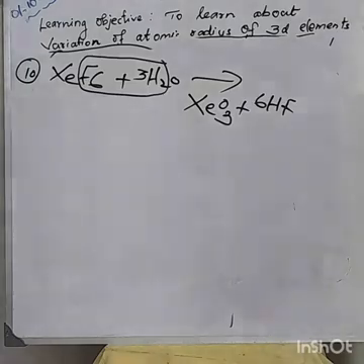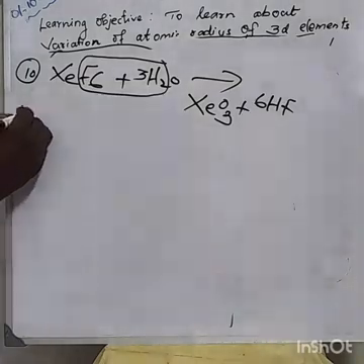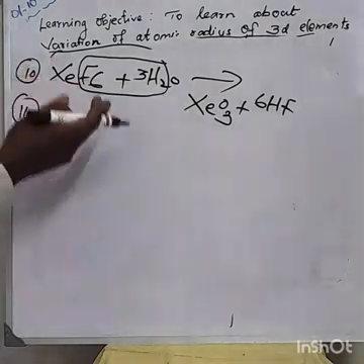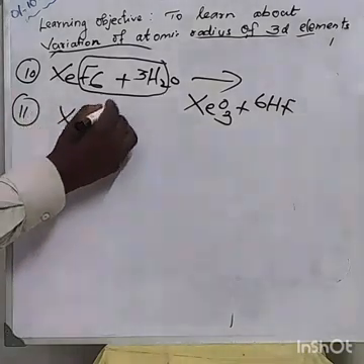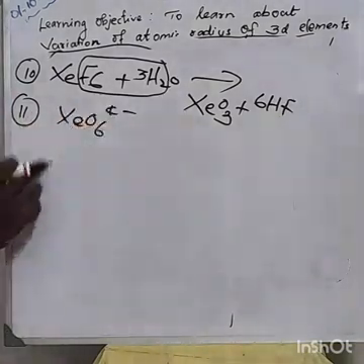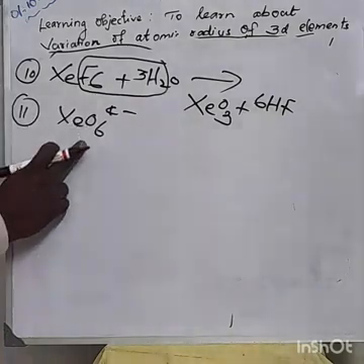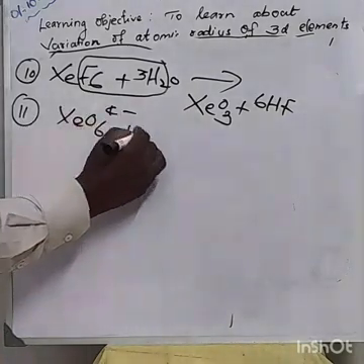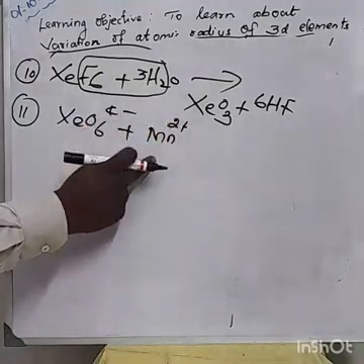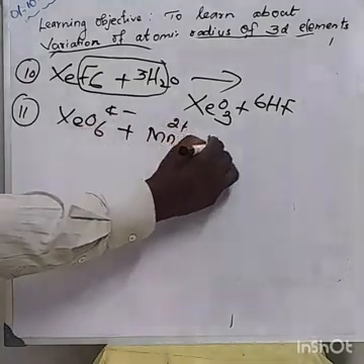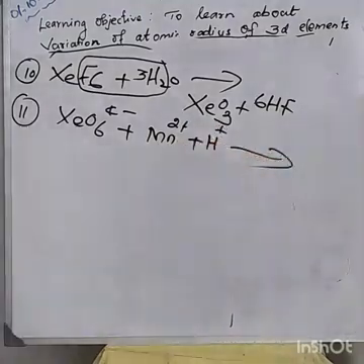Okay? Next, the 11th. This also we take. XeO6 4 minus, perxenate ion. This reacts with manganese ion, Mn2+, in the presence of H+ ions. So what are the possible products?